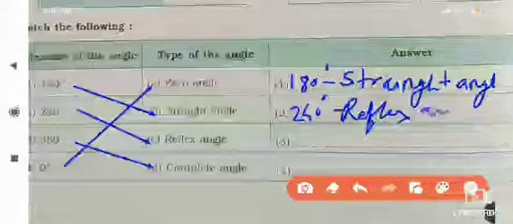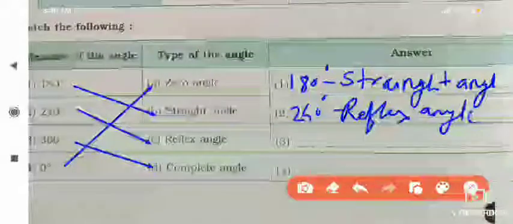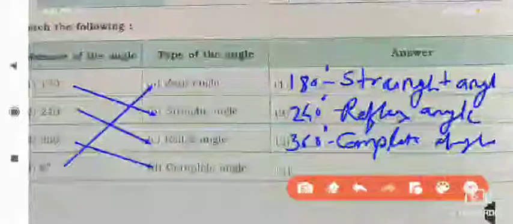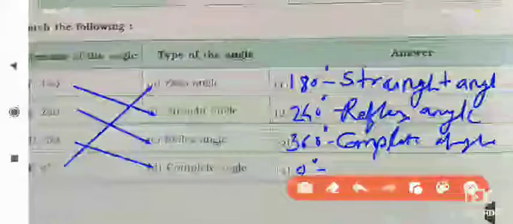Third is 360 degrees, and 360 is which angle? Complete angle. And lastly, 0 degree is which angle? Zero angle.